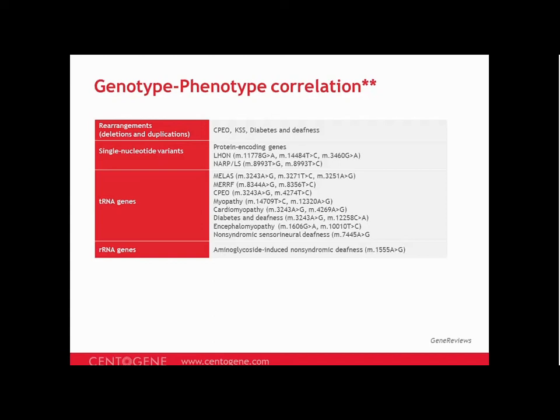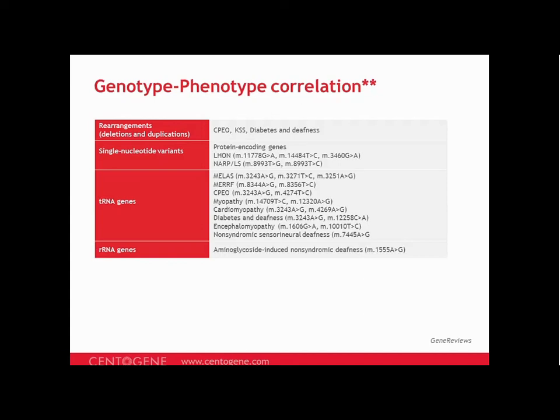If you check these two variants that I mentioned in the table that you can see in the tRNA genes, for MERRF syndrome, these two variants can explain almost up to 90% of the cases. So that would also be a good choice, to go with these molecular tests when you have a specific clinical picture.